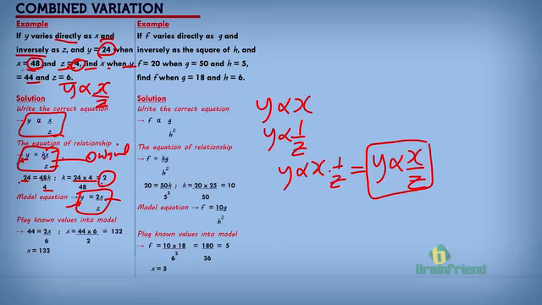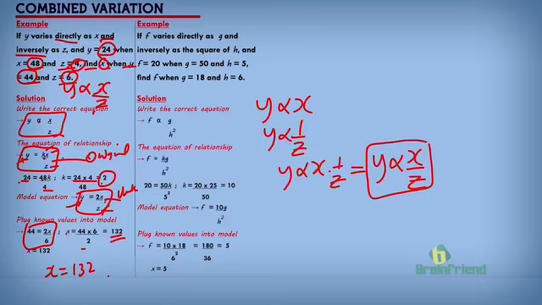Y is 44, z is 6, and x is our unknown. So we input 44 for y, 6 for z, and x is the unknown. That would give us 44 is equal to 2x all over 6. You can isolate x to become 44 times 6 all over 2. And this is 132. X is equal to 132.